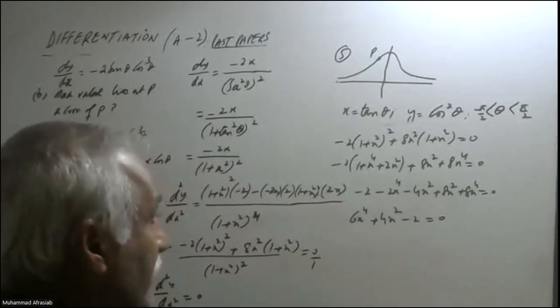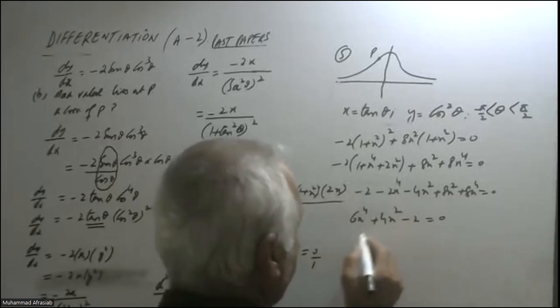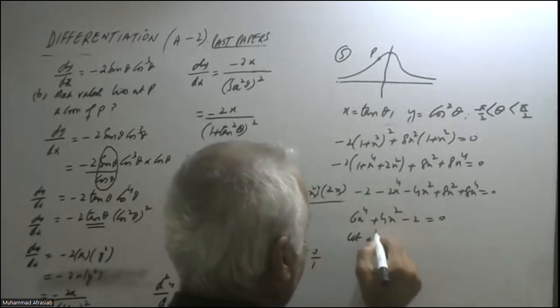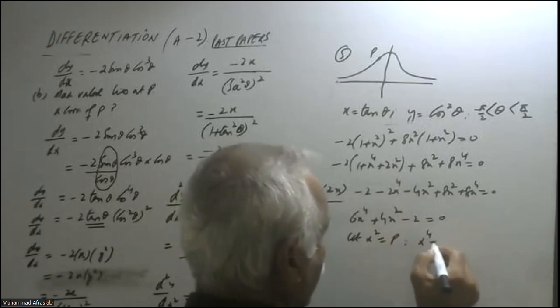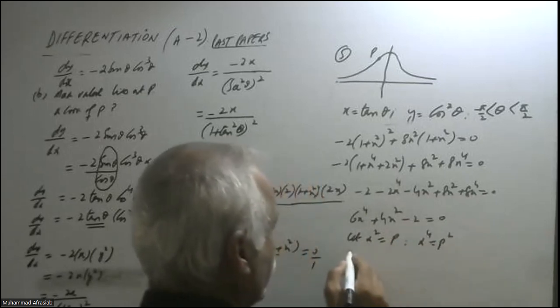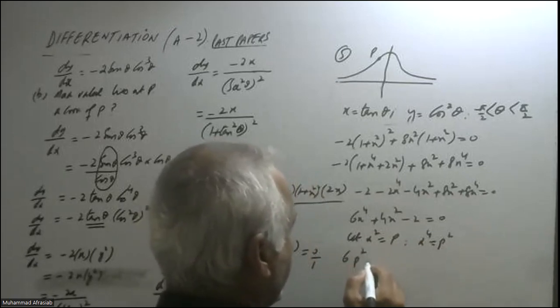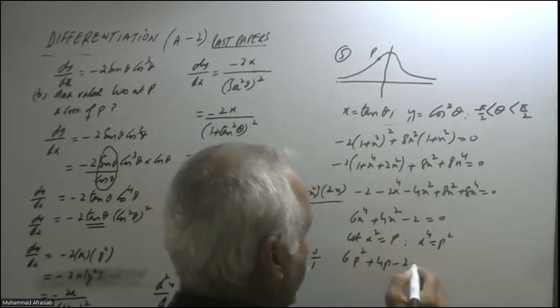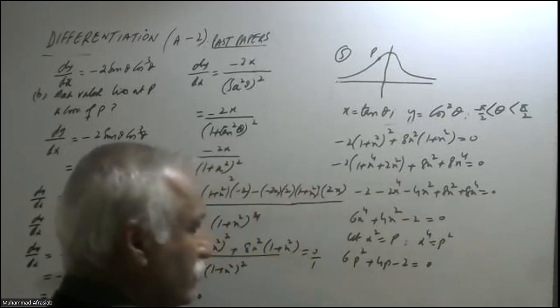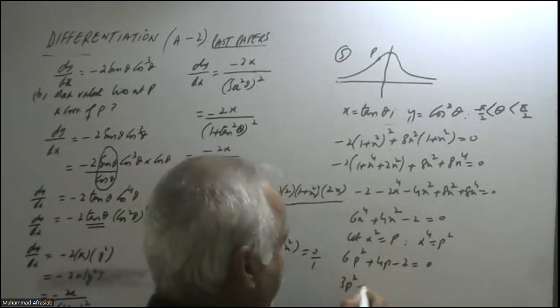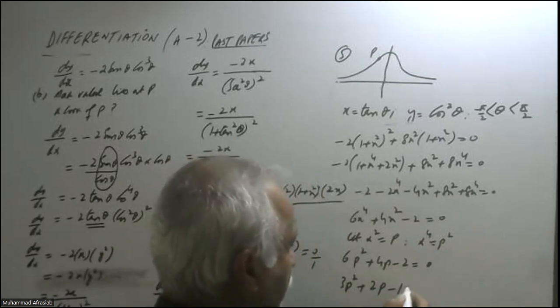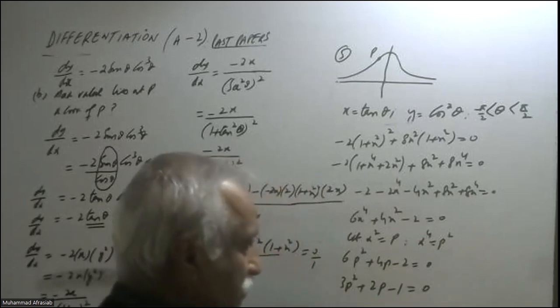Since it is a quadratic equation in terms of x square, let x square equal p, then x4 is equal to p square. So this expression will become 6p square plus 4p minus 2 equal to 0. If we divide by 2 on both sides, this will become 3p square plus 2p minus 1 equal to 0.